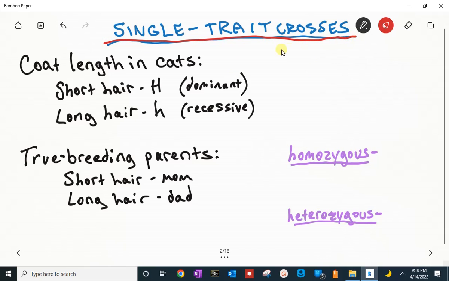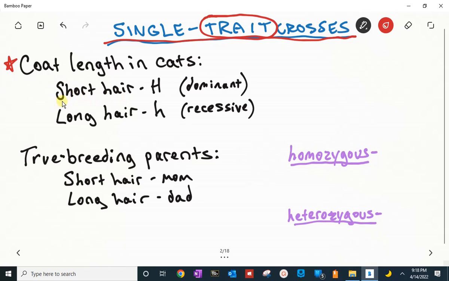Okay, and this is just for a single trait. And remember, trait is like blue eyes or brown eyes. That's a trait. So for this example, we're going to work with coat length in cats.